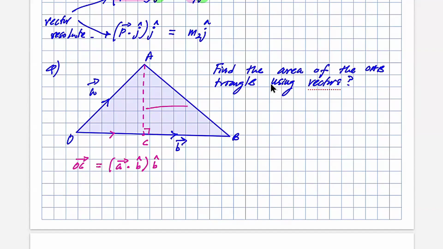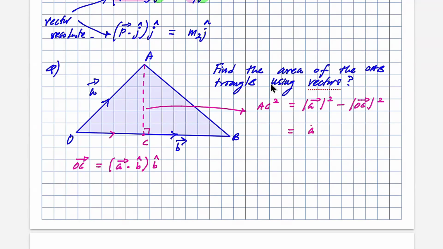Now you guys use Pythagoras theorem here. So AC squared is equal to A vector, which is OA squared, minus OC squared. OC distance squared.